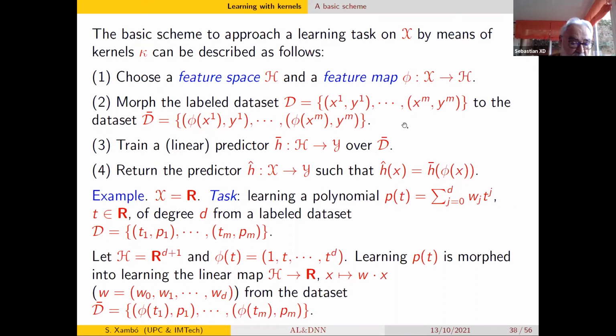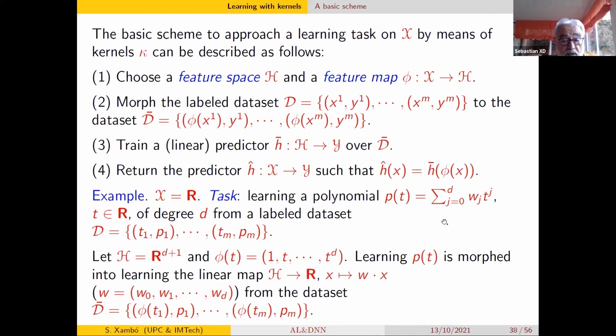Let's suppose it's real numbers, as in regression, or it could be a finite set if it was classification. And now you return, by a pullback of this H bar, the predictor H hat from X to Y, such that H hat of x is H bar of phi of x.